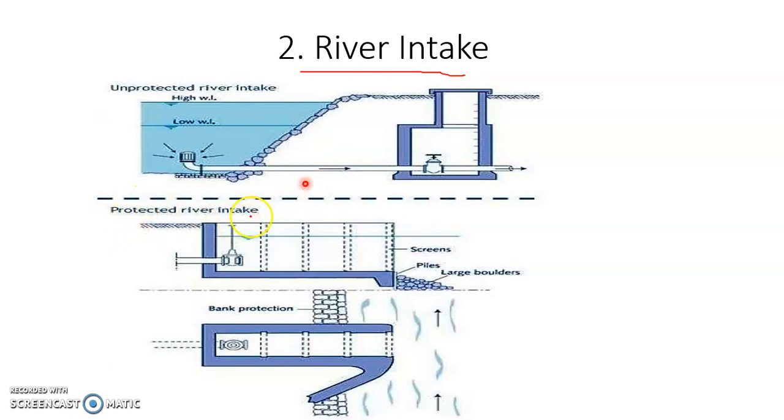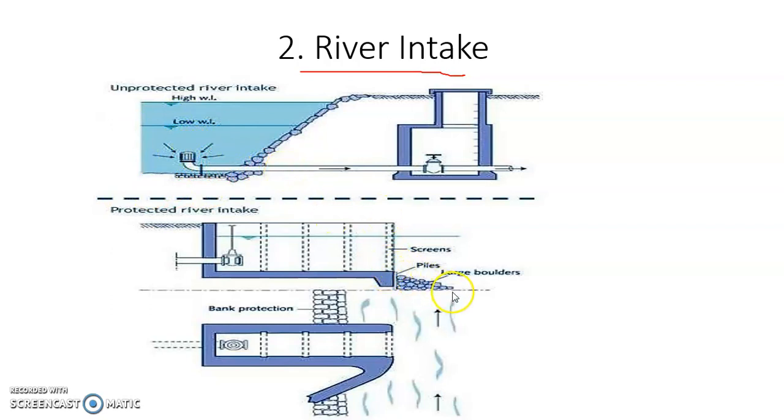In protected river intakes, you can see screens are placed ahead of the opening, the bell mouth structure from where water will enter into this penstock. What is the purpose of these screens?